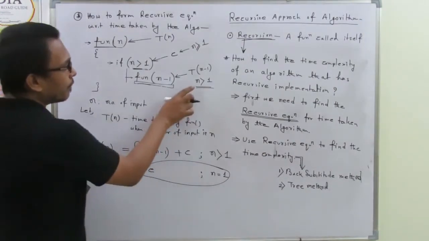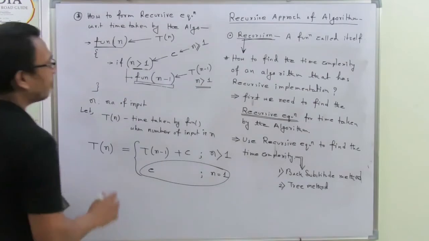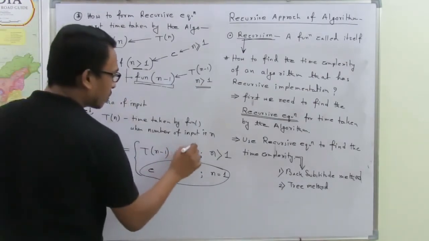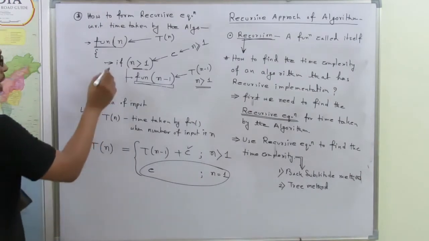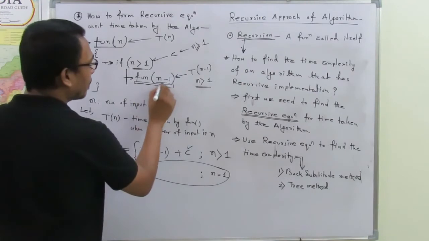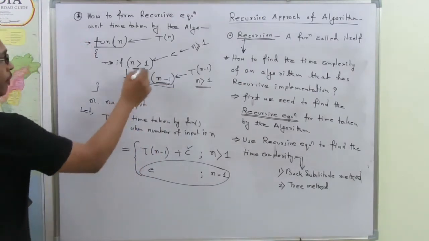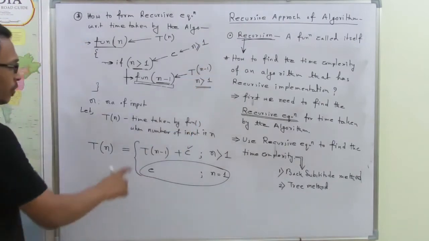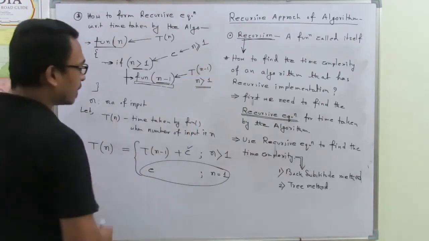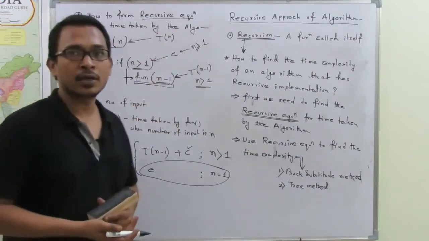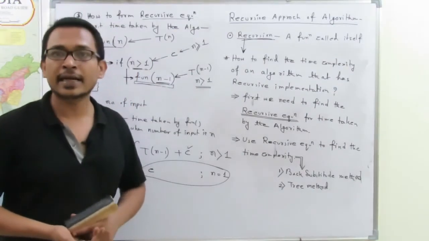That is what is defined in this case. And when the number of inputs is greater than 1, first it executes this if part, because of which we get this constant c, and after that it will again call the function with n minus 1 inputs, and for this we need time T of n minus 1. Now look here, this time equation is again a recursive equation.